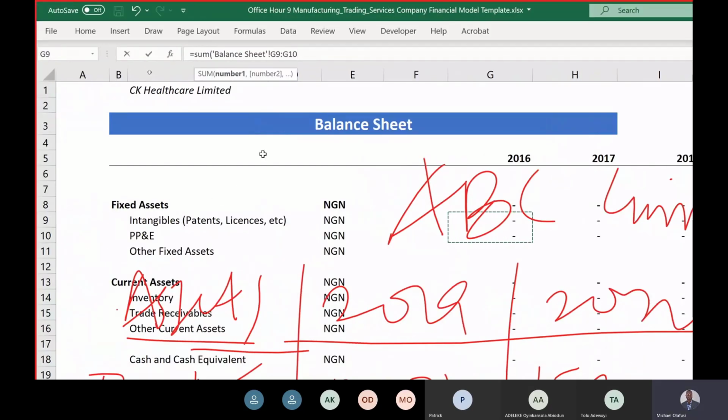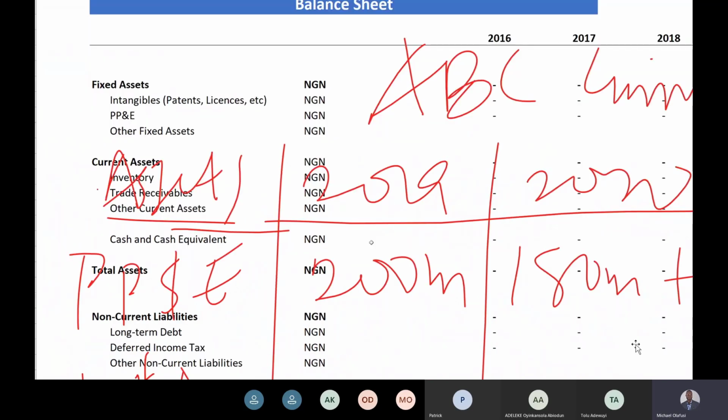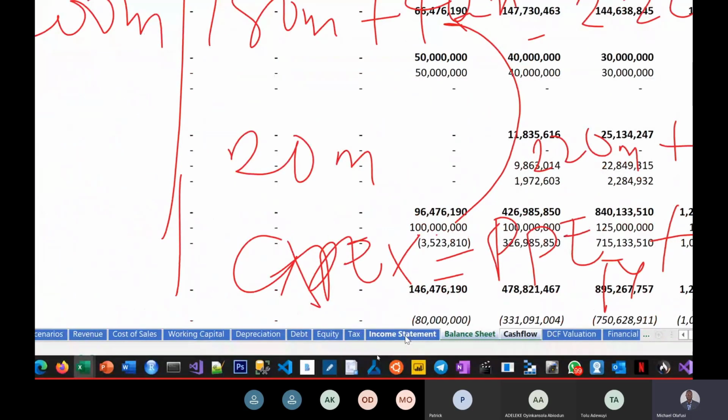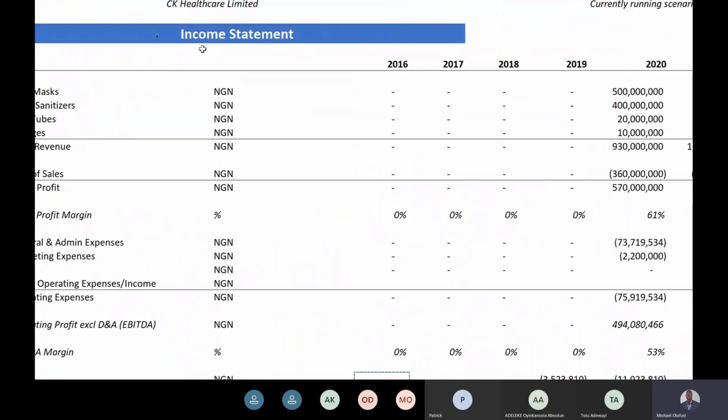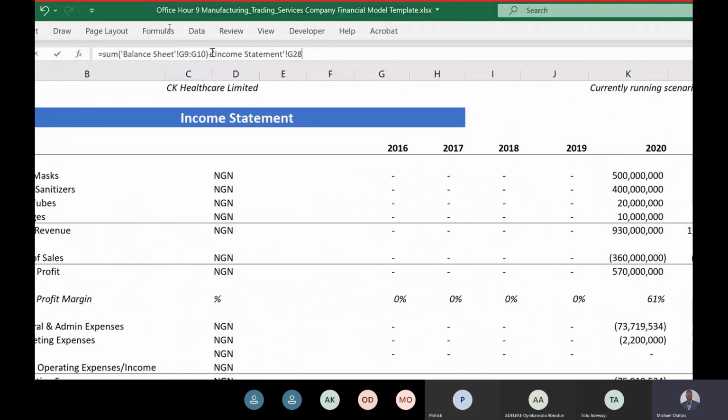So you can see here 9 and 10. That is this year's value plus D&A this year. So those are the things that are depreciated. So I go to D&A this year. Because my D&A is already in minus, I have to take out that minus. So minus makes it turn back to plus.